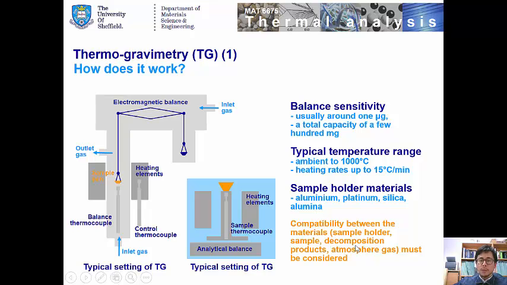Sometimes on purpose you would like to have them react, but very often you would like your sample not reacting with the sample holder or flowing gas. Therefore, it is important to know their compatibility before your measurement.